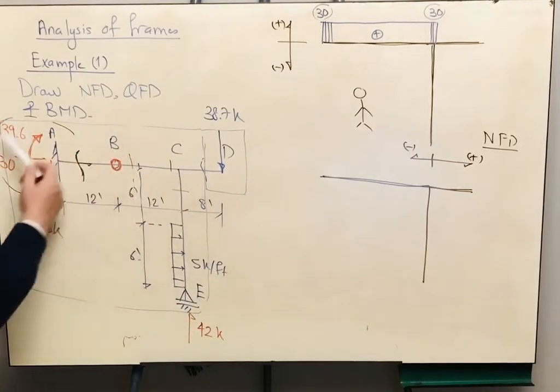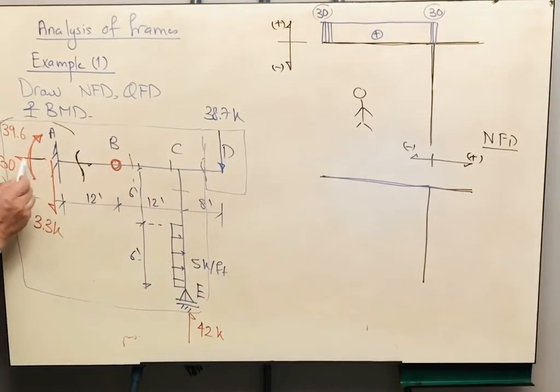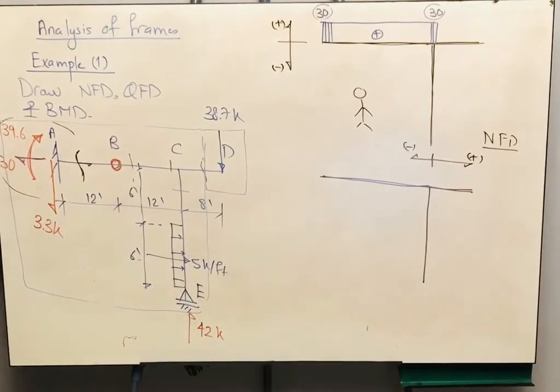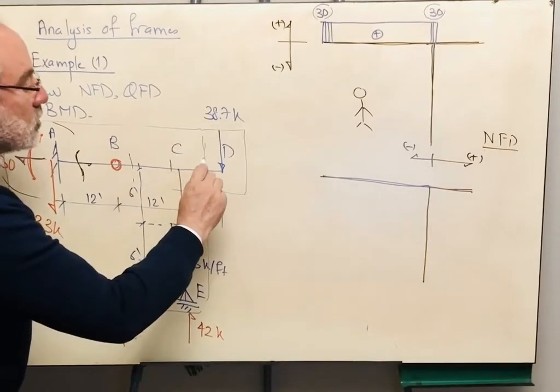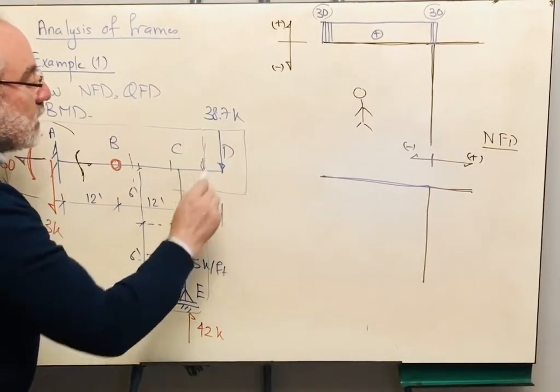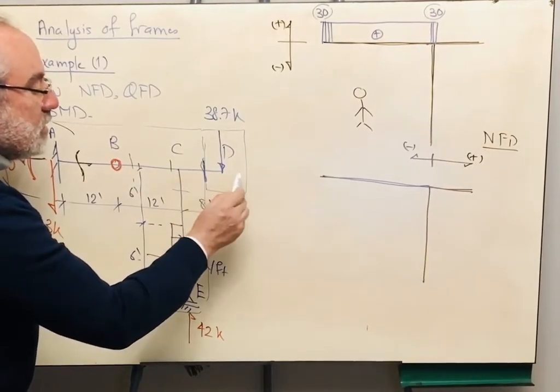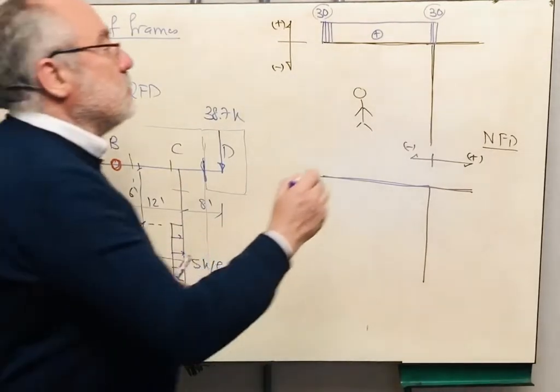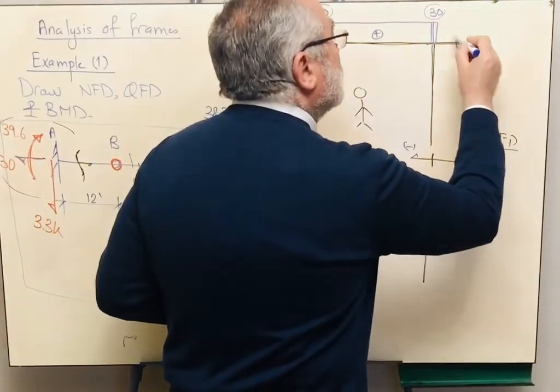If you are taking the left hand side, you will have the 30, and this will balance with the 30 kips force applied on the column. They will cancel out. Therefore the normal force is equal to 0. If someone else tried to determine the normal force from this section from the right hand side, when you are cutting here, there is no forces applied in the horizontal direction. So this means that in this part, I have 0 normal force.